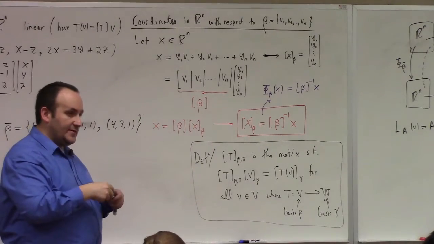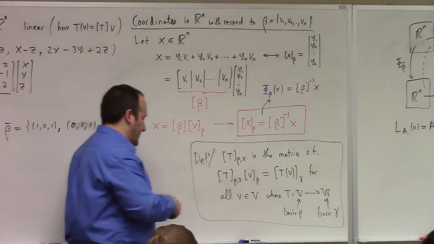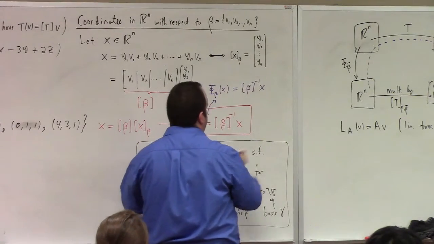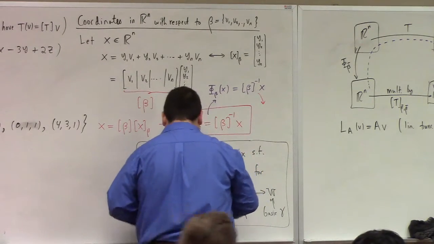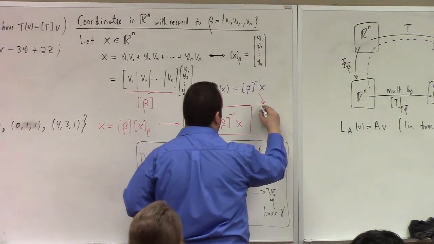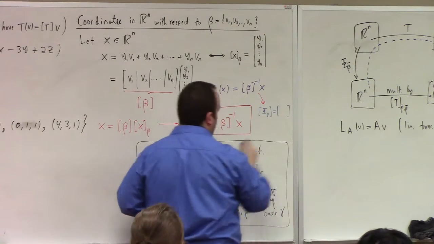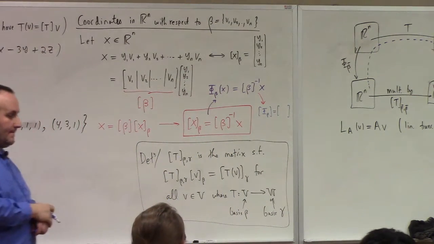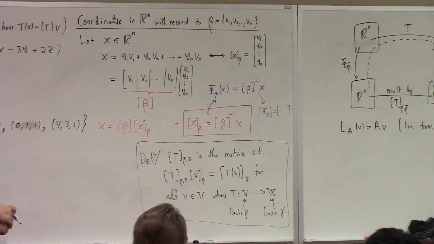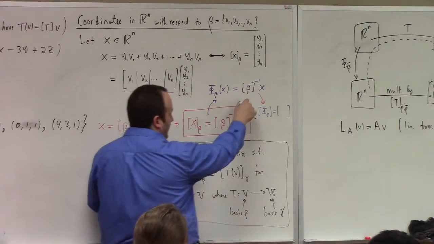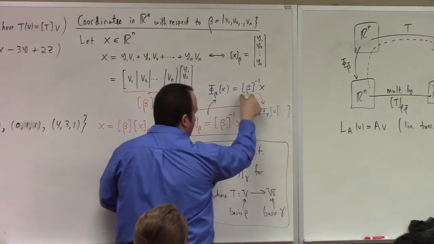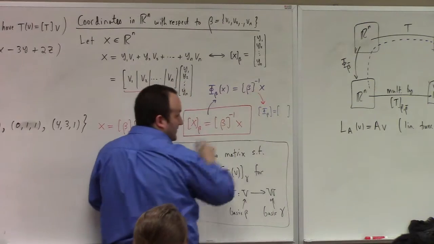That says that the standard matrix of the coordinate mapping is just what? If phi beta is multiplication by beta inverse times x, that means that the standard matrix of phi beta is just beta inverse.